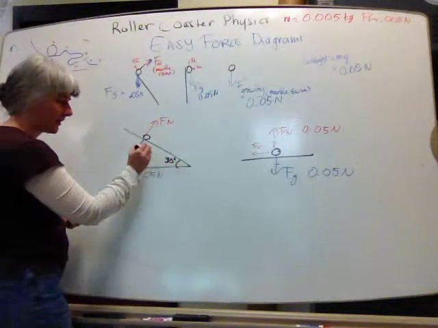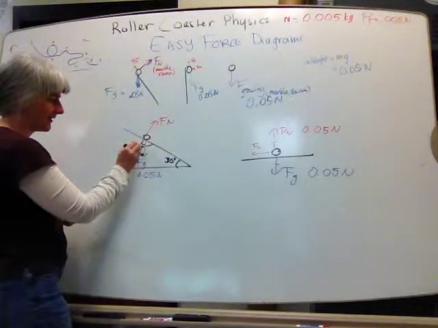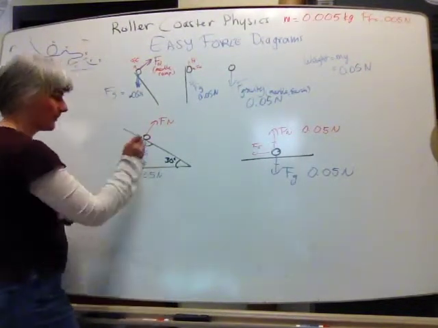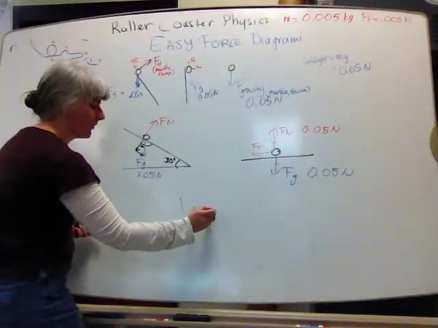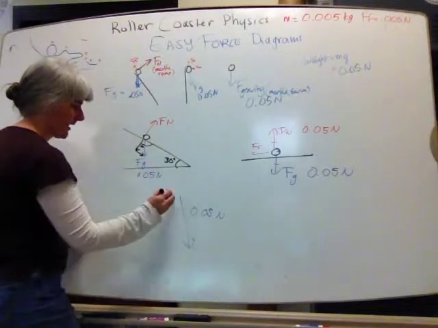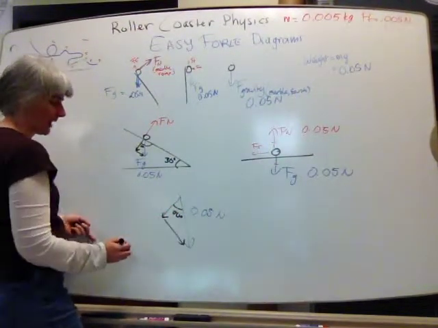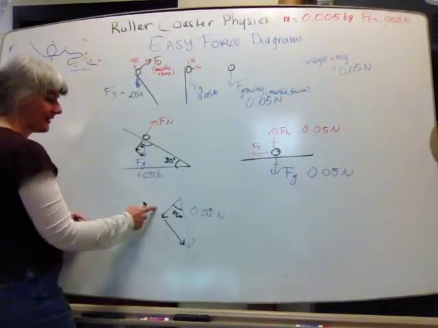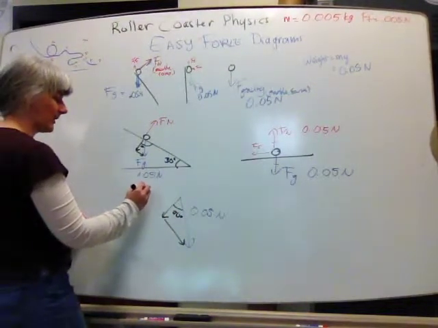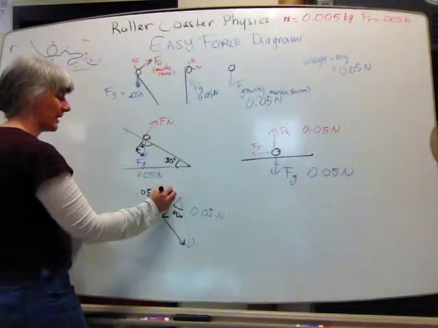If this is 30 degrees, this is 60 degrees. If this is 60 degrees, this is also 30 degrees. I'm going to blow up this triangle. It has a hypotenuse of 0.05 newtons. It has a 30-degree angle at the top, and it has two sides. This side is the adjacent, so it's going to be the hypotenuse times the cosine of the angle.